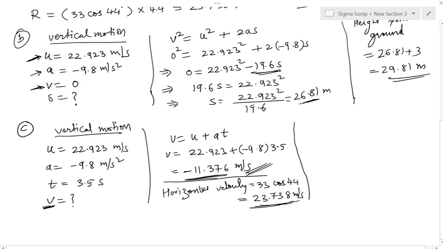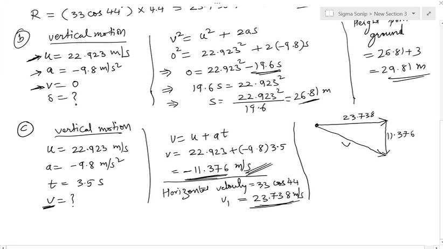So horizontal, that's my 23.738. That's my starting point, and then I draw the vertical, and because it's minus 11.376, it's vertically downward, that's 11.376, and that is my final velocity v.